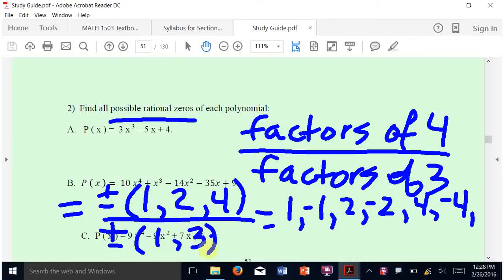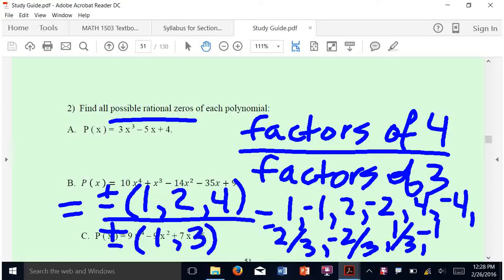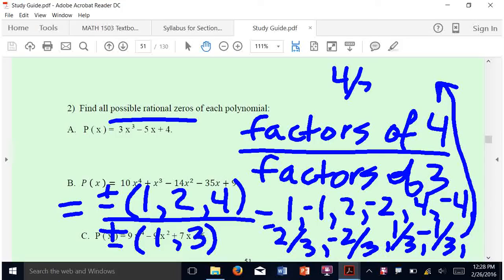And now let's find some rational numbers with 3 in the denominator, like 2/3 and negative 2/3, and, well, we could have started right at 1, 1/3 and negative 1/3, and you have 4/3 and negative 4/3. So, a bunch.